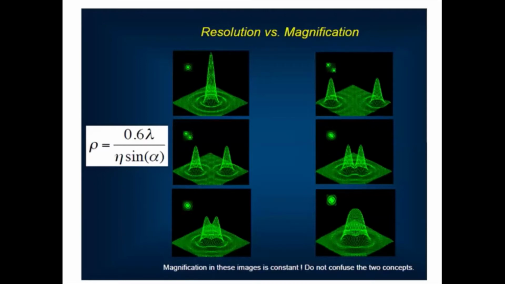Now let us try to bring these two objects close to each other. As a result, the intensity profiles on the detector will also approach each other, and at a particular separation you will see that the two intensity profiles have merged into each other.